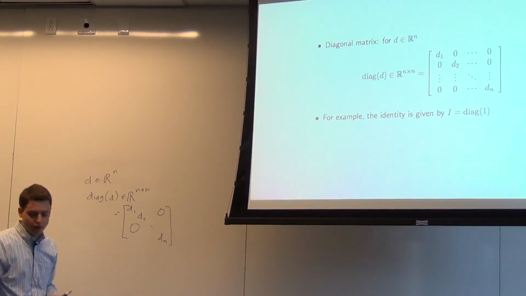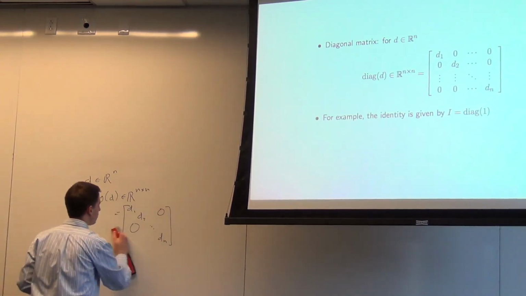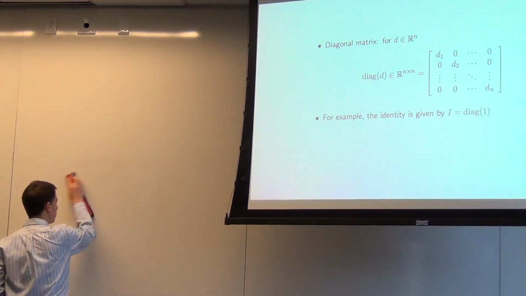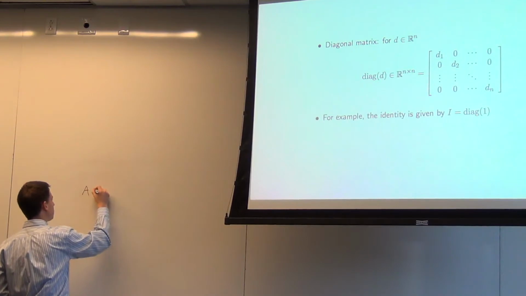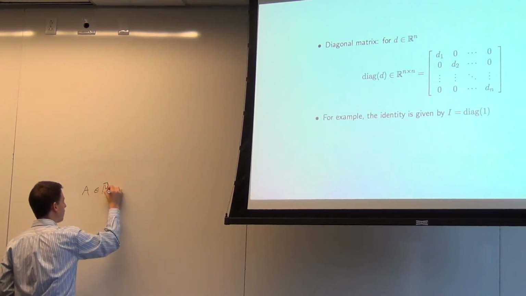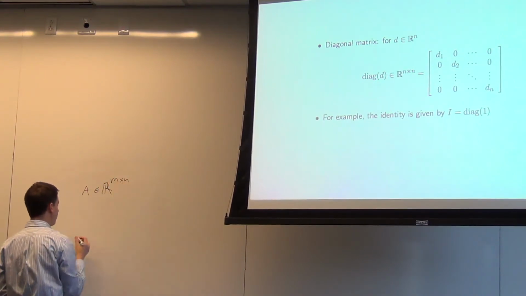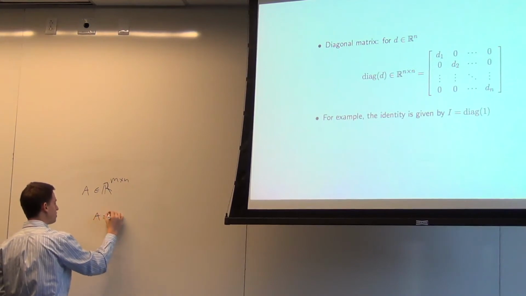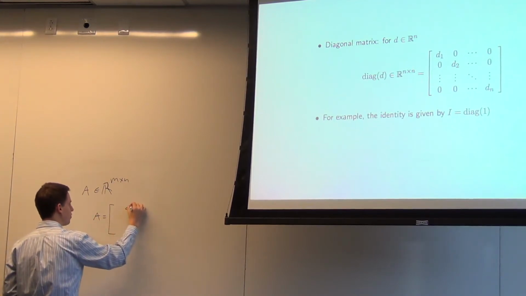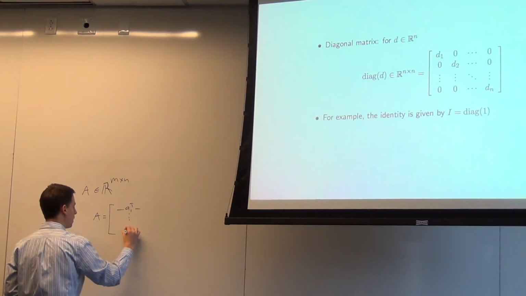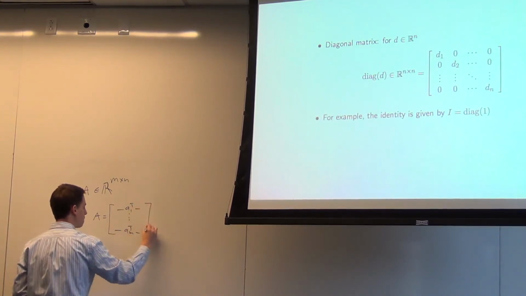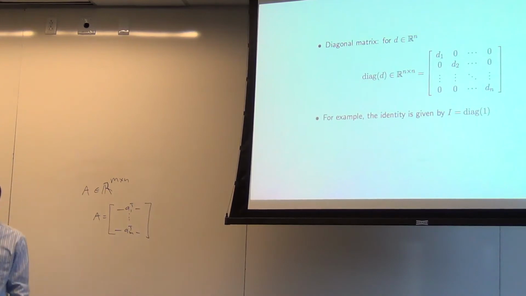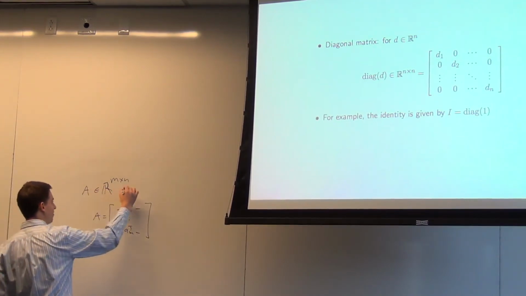So let's suppose that we have a matrix A in R m by n, and I'll start by writing A in terms of its rows. So a1 transpose is the first row up to am transpose. Now we also have a vector d.